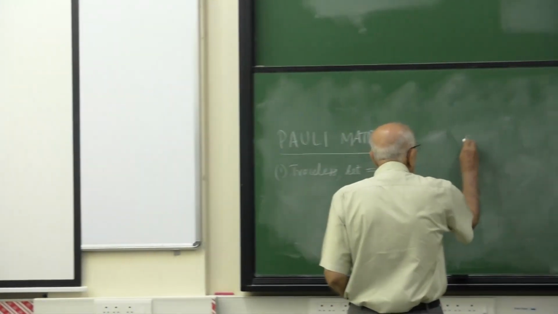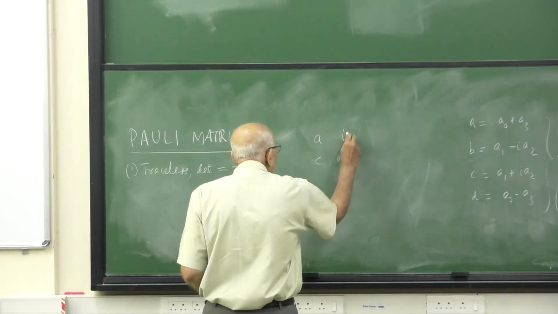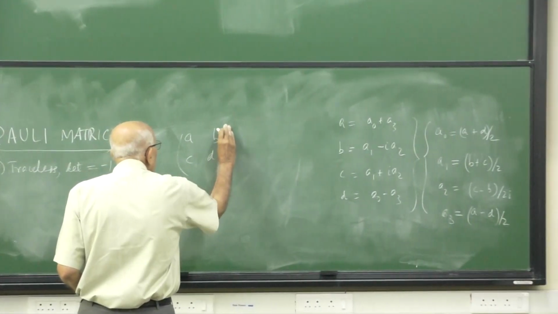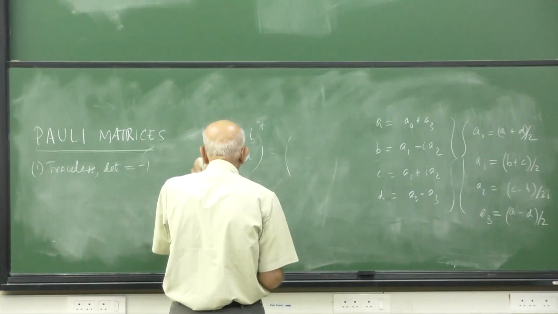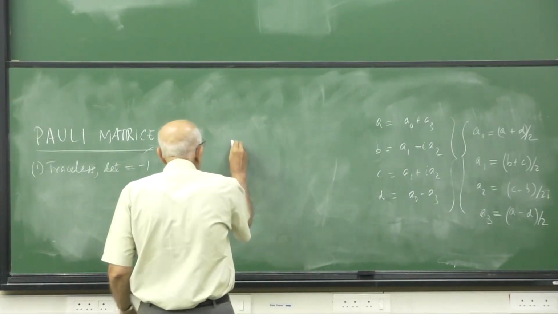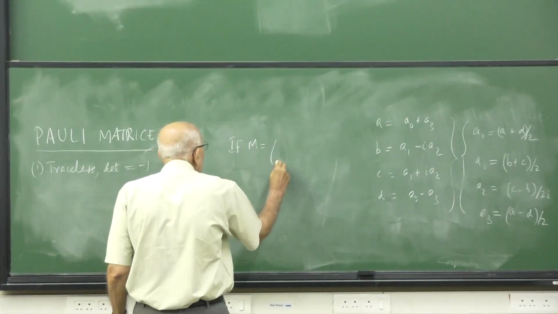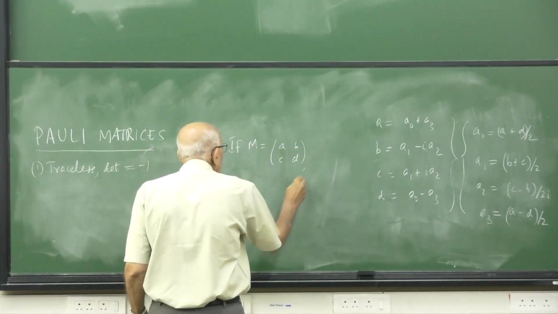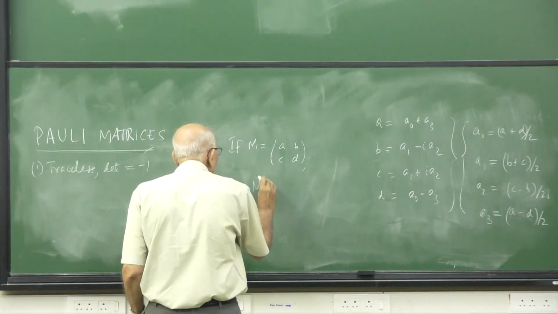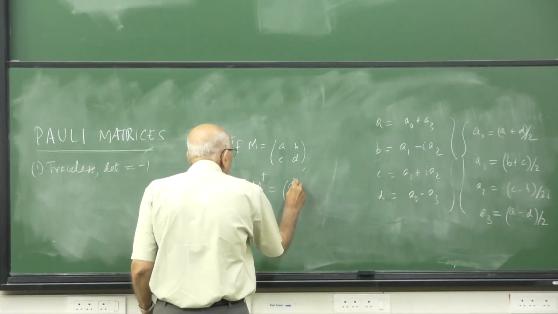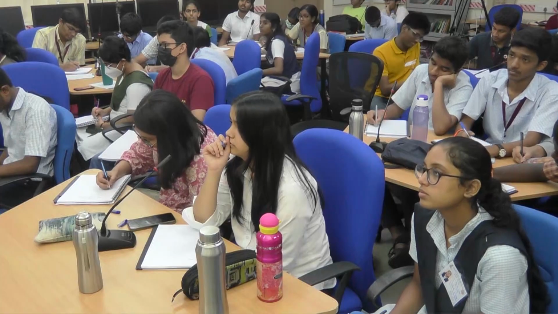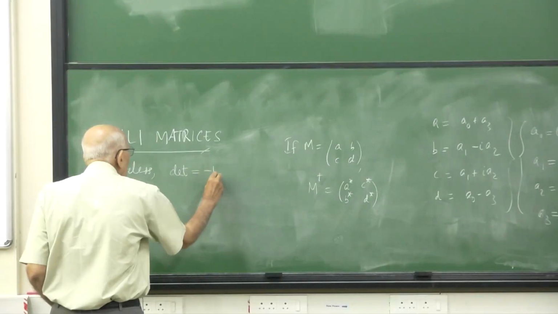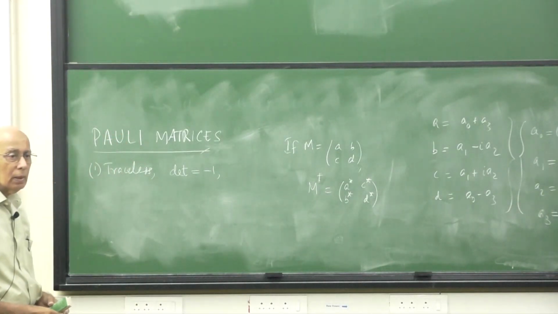So what's the complex conjugate of this? It's denoted by dagger. So let's write it properly. A star, D star, C star, B star. Determinant is minus 1. And Hermitian.